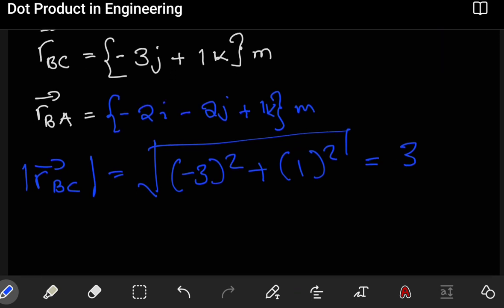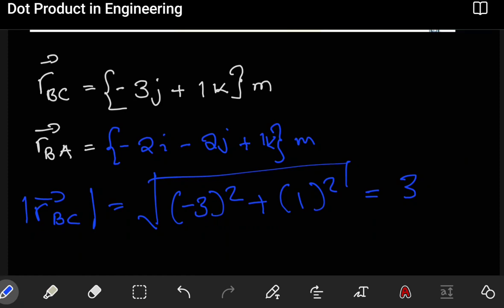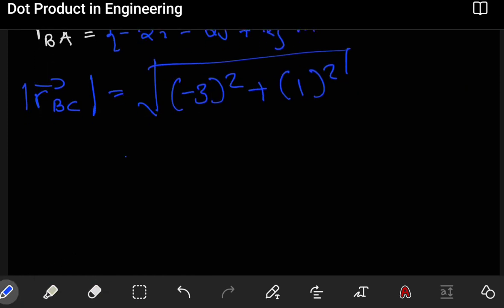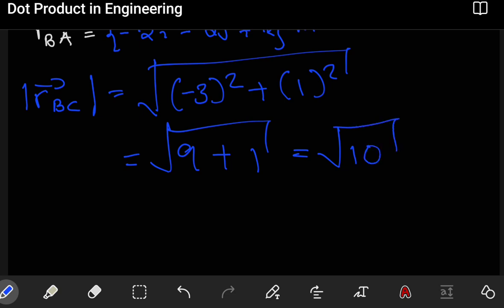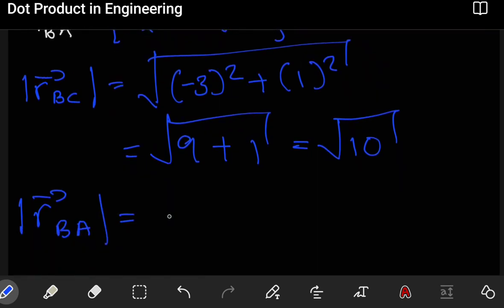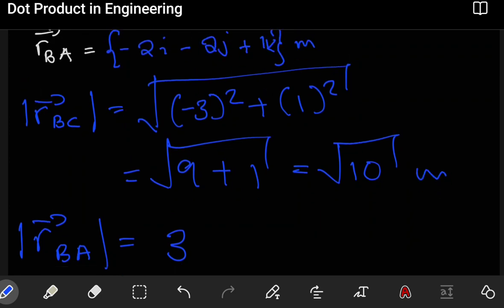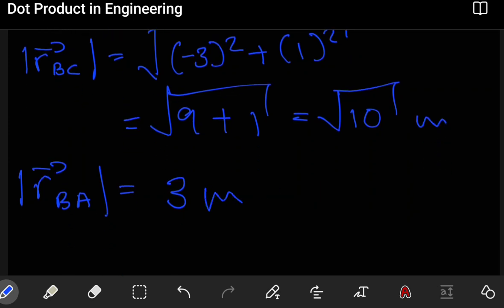Let's do it slowly. We're going to have 9 for the first part, root 9 plus 1, so in the end, we have root 10. For the second one, the magnitude of RBA, this one now will give us a 3. Try to do it and see that you can actually get the correct answer. The units, of course, are meters.